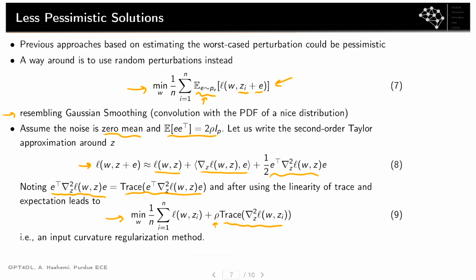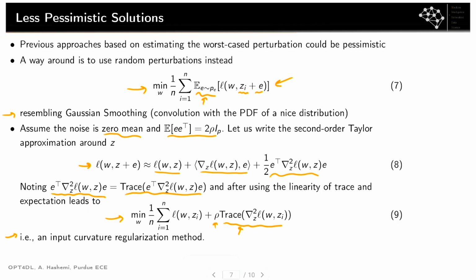And finally, I want to point out that what we are doing here regularizes the input curvature. If you recall from the previous lecture, we talked about memorization and its connection with sensitivity, and we talked about memorization proxies. One of those proxies was the curvature, which was exactly the trace of the input Hessian, the second order derivative of the loss with respect to the input.